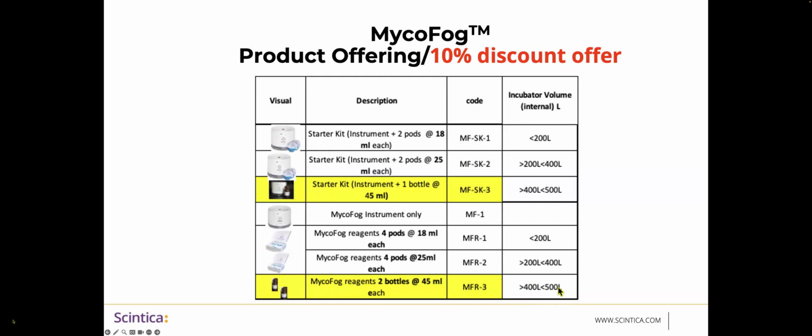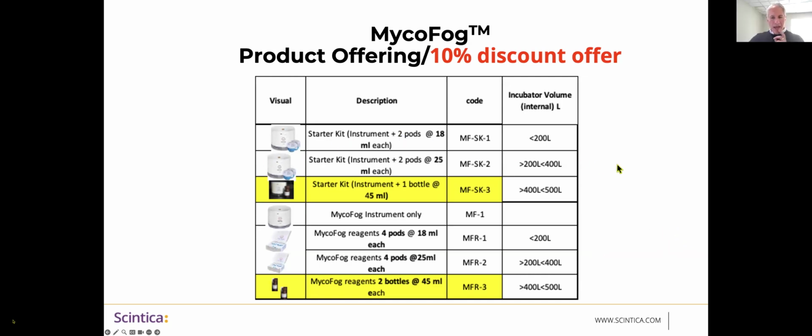We're working on higher volumes, but right now with one single MycoFog and a bottle of reagent, you can do up to a 500 liter incubator. There's a smaller reagent size for up to 200 liters, a mid-size volume, 25 mL, for incubators between 200 and 400, and then a higher volume of 45 mL for 400 to 500 liters. So 500 liters is the uppermost at the moment.